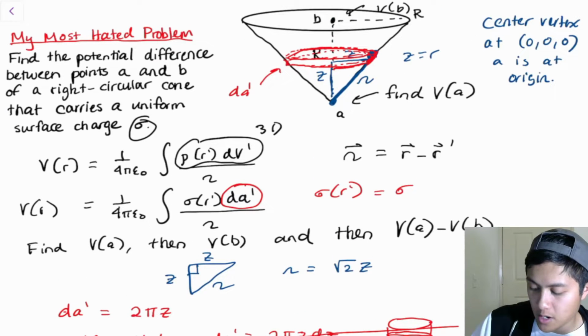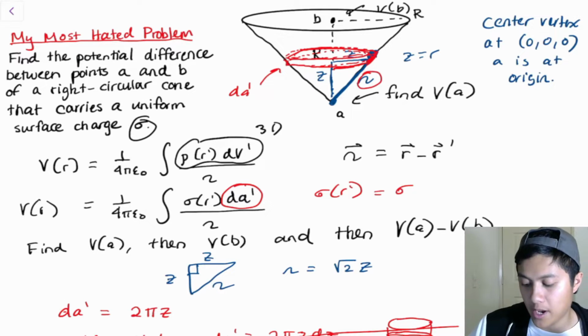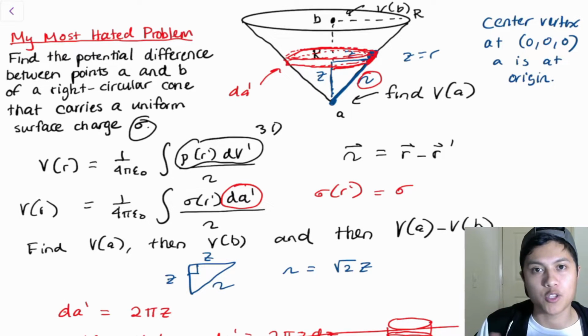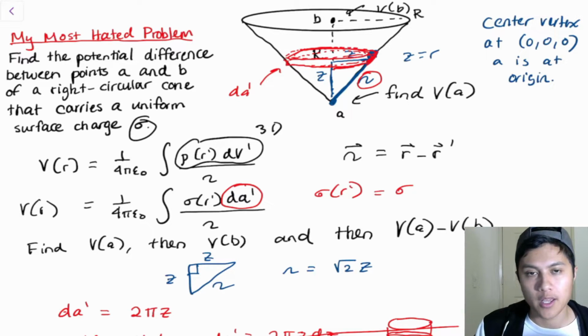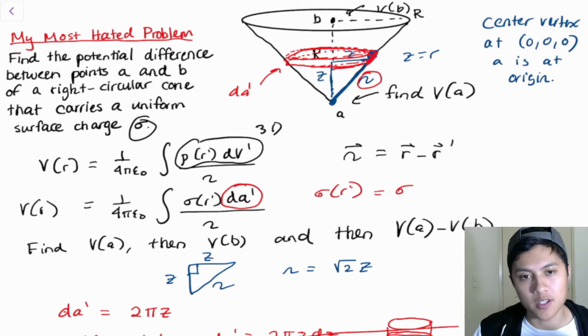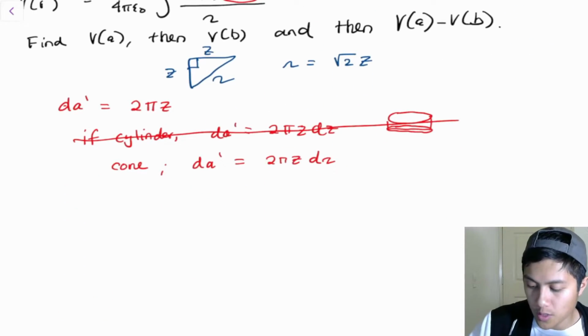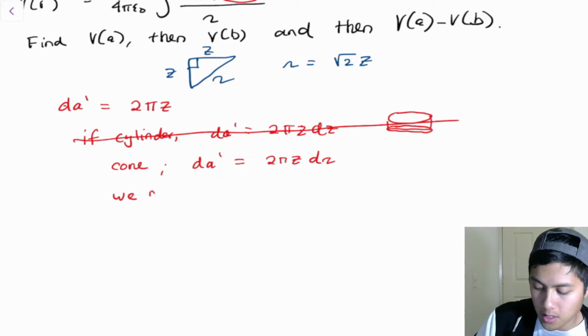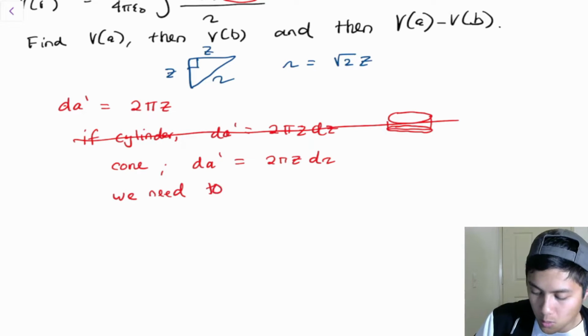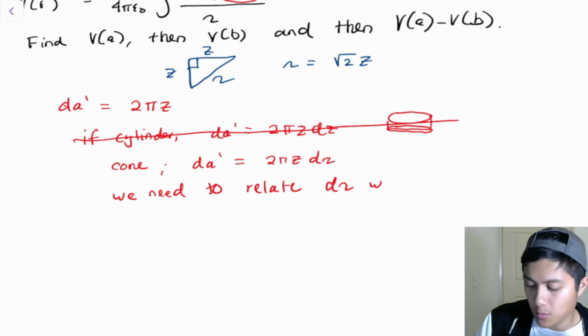And remember, script R is this variable right here, which is just going along the direction of the surface of the cone. And we have to relate what the differential script R is to the differential dz. So we need to relate d script R with dz, right?